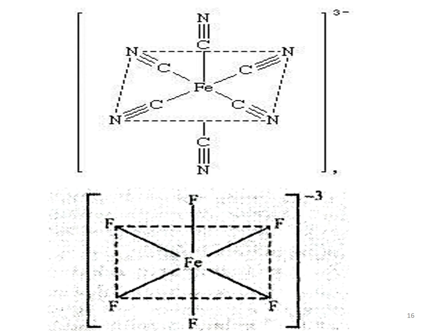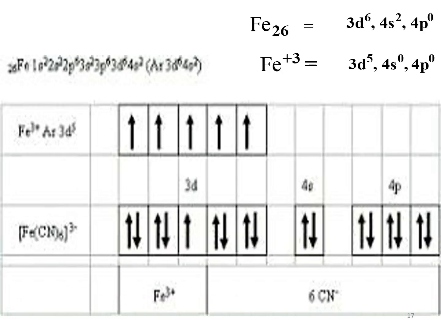In octahedral geometry, the axial bond angle is 180, the equatorial bond angle is 90, and similarly the bond angle between axial and equatorial bond is 90.